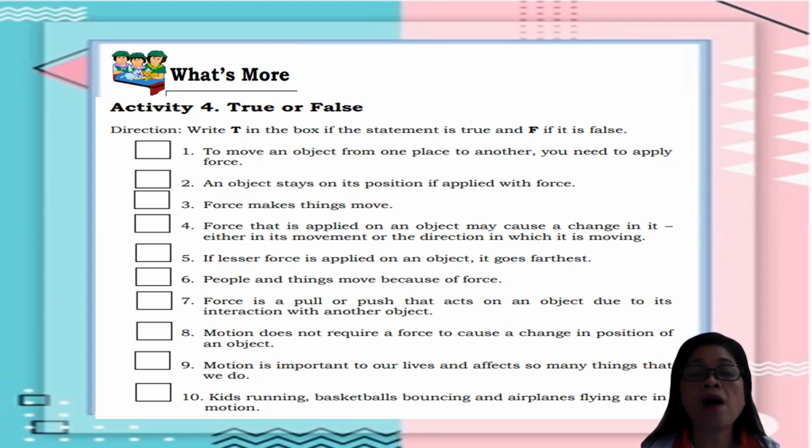False. It requires force. Number 9, motion is important to our lives and affects so many things that we do. True, very true. Number 10, kids running, basketballs bouncing, and airplanes flying are in motion.